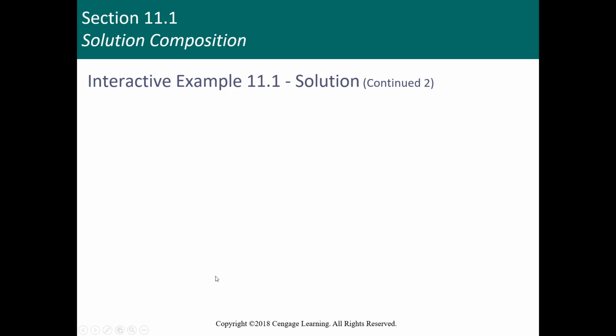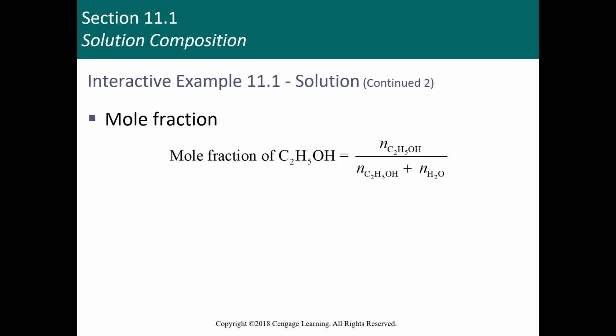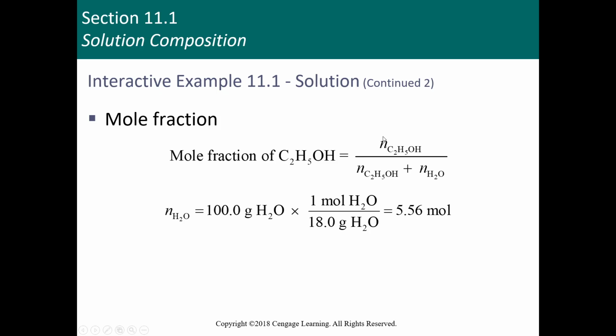All right. So the next thing we're going to do is mole fraction. So again, we need these in moles now. So we already have the moles of ethanol. We figured that out before. But we need the moles of water. And so what we're going to do is take that mass of water and take its molar mass, which is the oxygen plus 2 hydrogens off the periodic table.